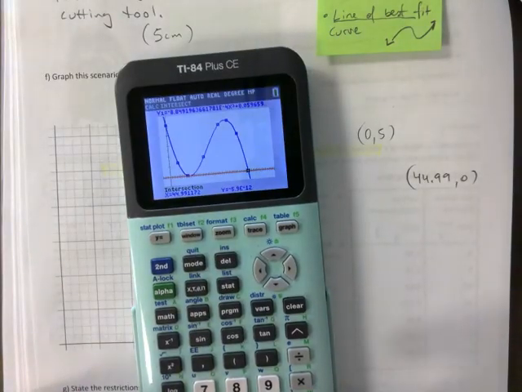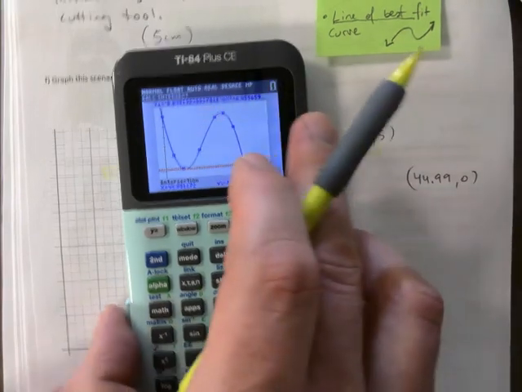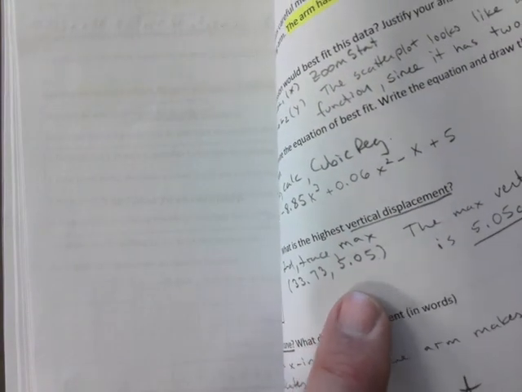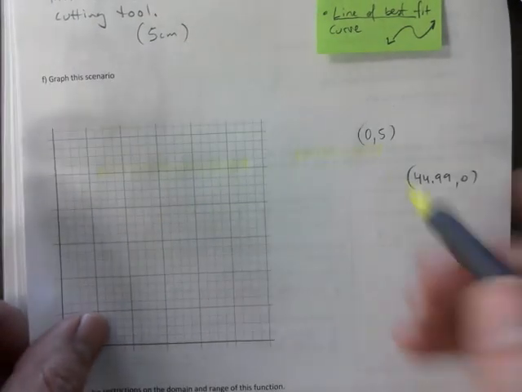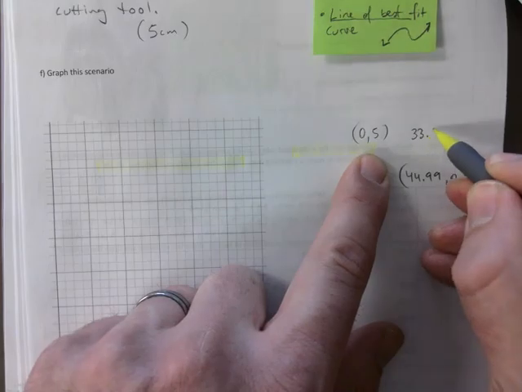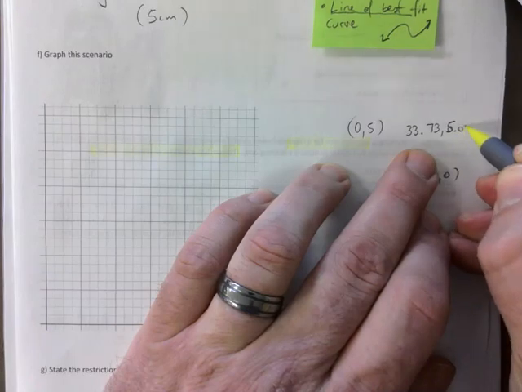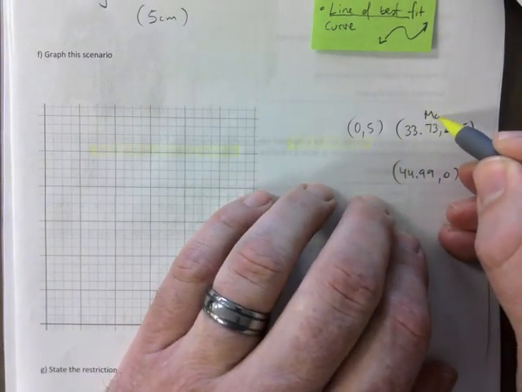We know the max as well, right? 33.73, 505. I'm going to write that down as well. 33.73, 505. This is the max.